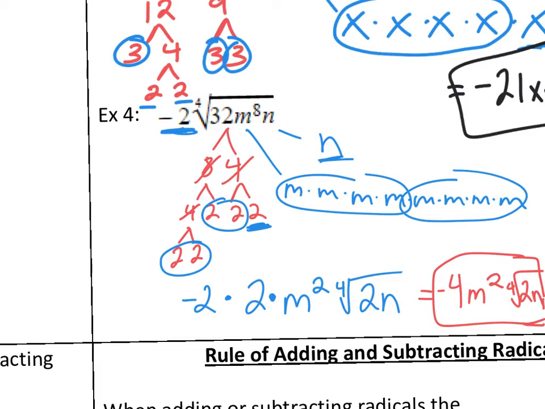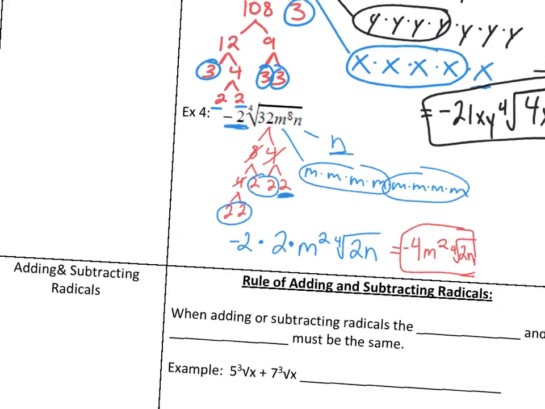Negative 4 m squared, 4th root of 2n. Raise your hand if you got that one. Good deal. Hopefully if you didn't get it, you realize what you did. Okay.